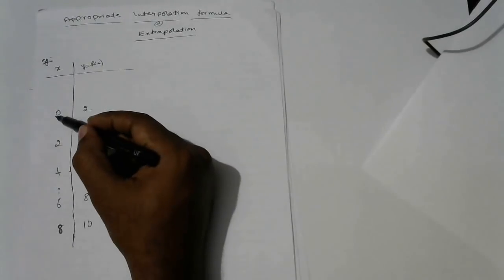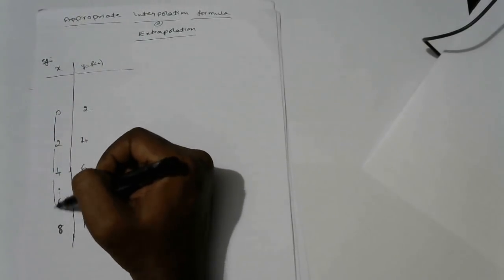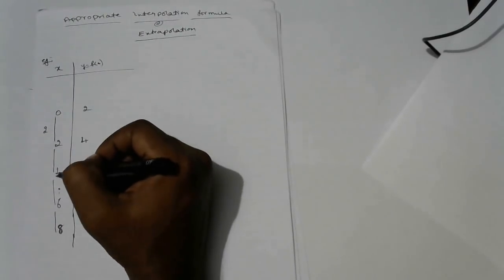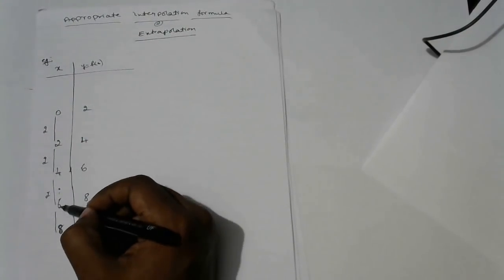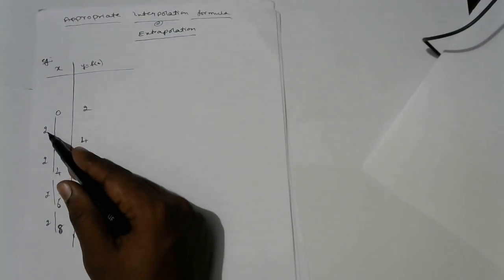Equidistant means the difference must always be equal. 2 minus 0, the difference is 2, 4 minus 2, the difference is 2, 6 minus 4, the difference is 2, and 8 minus 6, the difference is 2. So all differences are equal, then you can apply Newton forward or Newton backward.